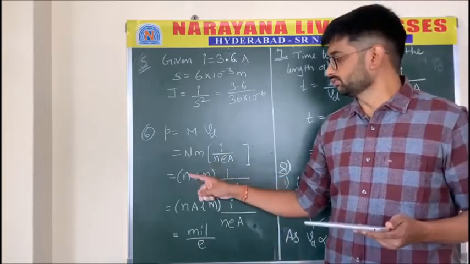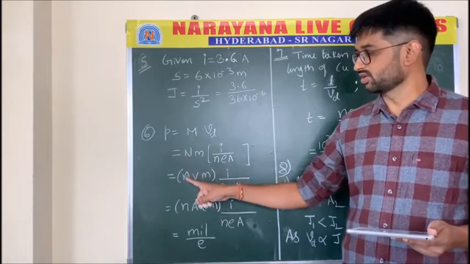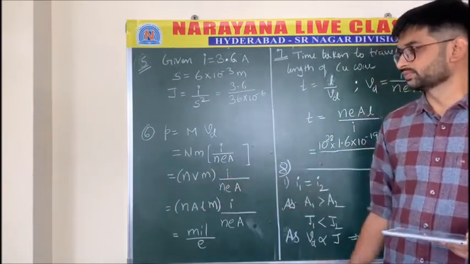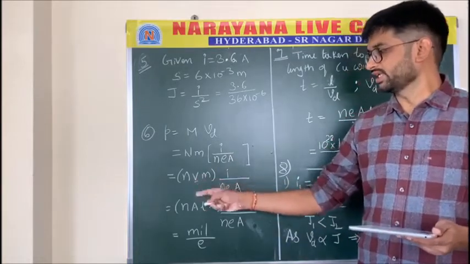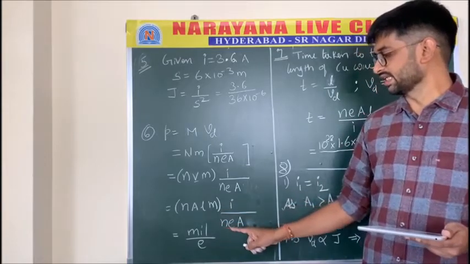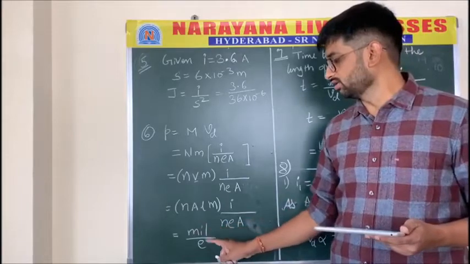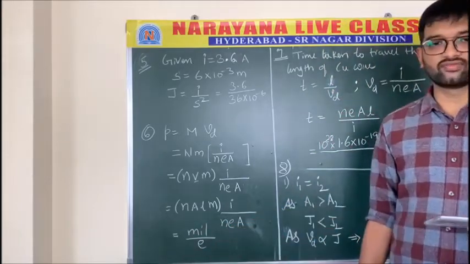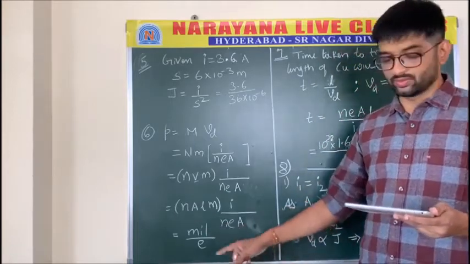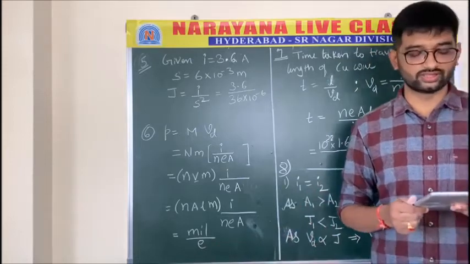Here, the total number of charge carriers is number of charge carriers per unit volume n into V, into m, and volume of the conductor can be written as area into length, and therefore this area and this area get cancelled, n and n get cancelled. We are left with mIL by e. m is mass of electron, 9.1 into 10 to the power of minus 31. I is given in the problem, length of the conductor is given, e is known. So substituting these values, we will get the answer.